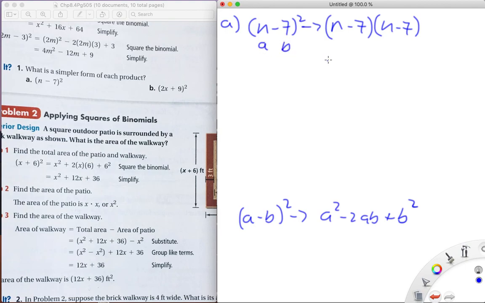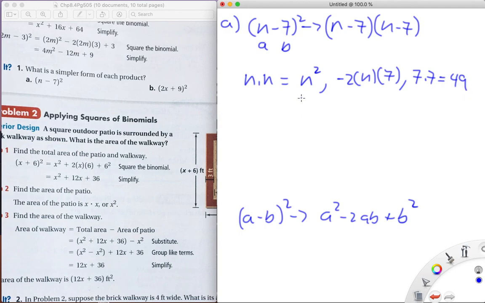Well, A squared is just n times n, that's my n squared. Negative 2AB, so it's going to be a minus 2, my A is n, my B term is 7. And then my B squared is just 7 times 7, which is 7 squared, or 49.